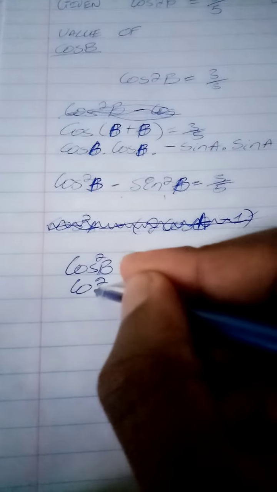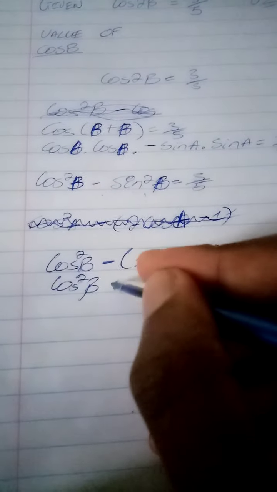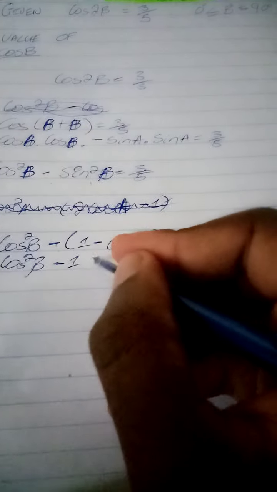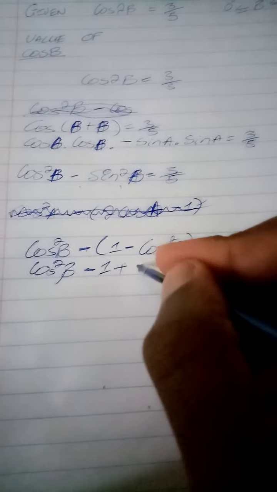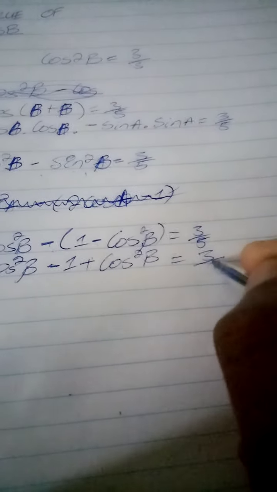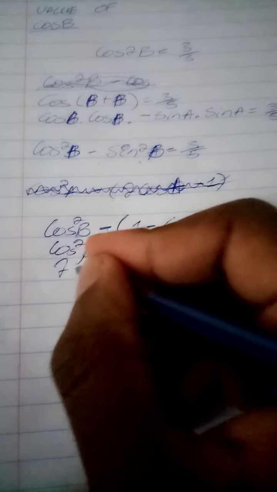With this being said, just pull it out of the brackets. So it's cos squared b, and then negative times negative is a positive: cos squared b plus cos squared b equals 3 over 5. So this is right here 2 cos squared b minus 1.